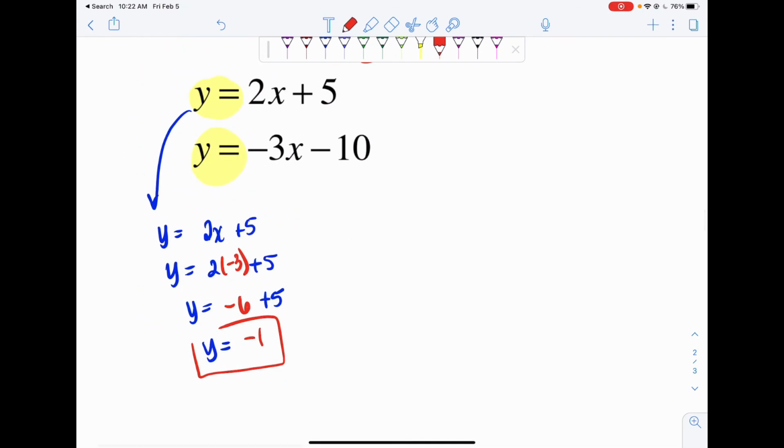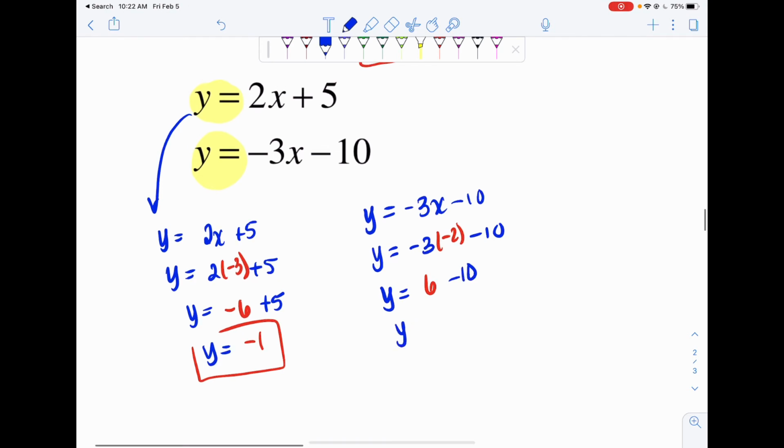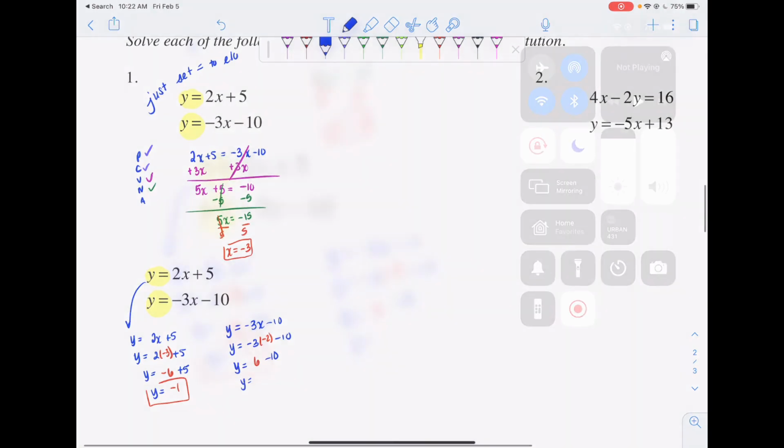I'm going to do the exact same procedure on my negative 3x minus 10 just to show you that you can do either. Everywhere I see an x, I'm going to plug in a negative 2. I get negative 3 times negative 2 is 6. And then I get 6 minus 10. One second.